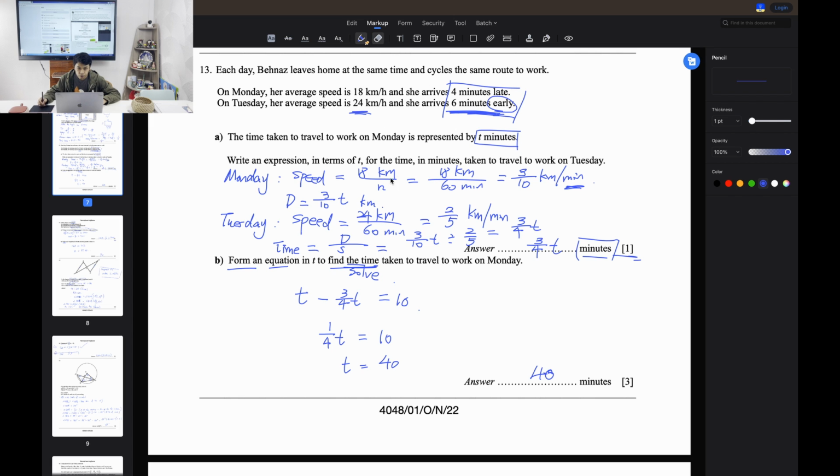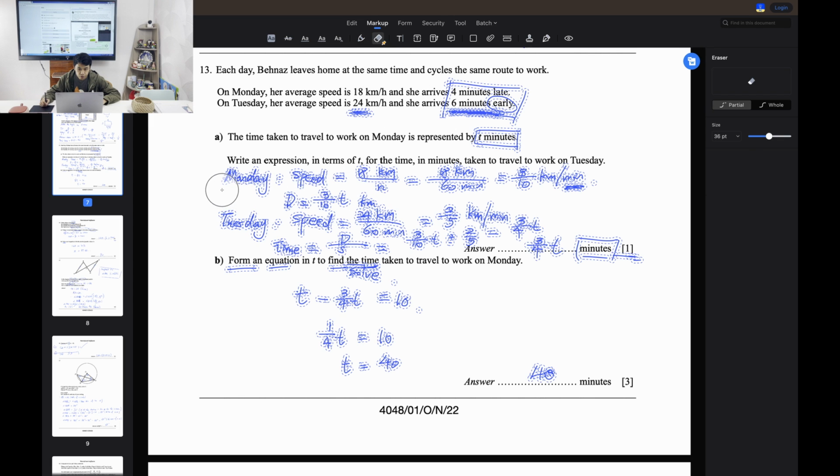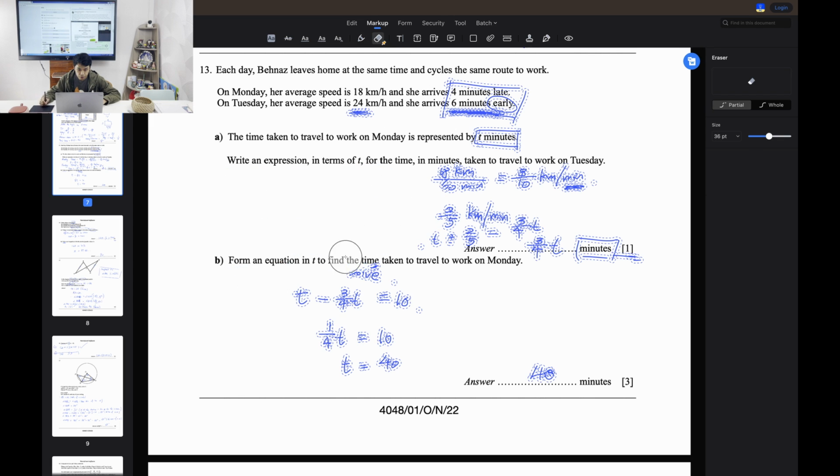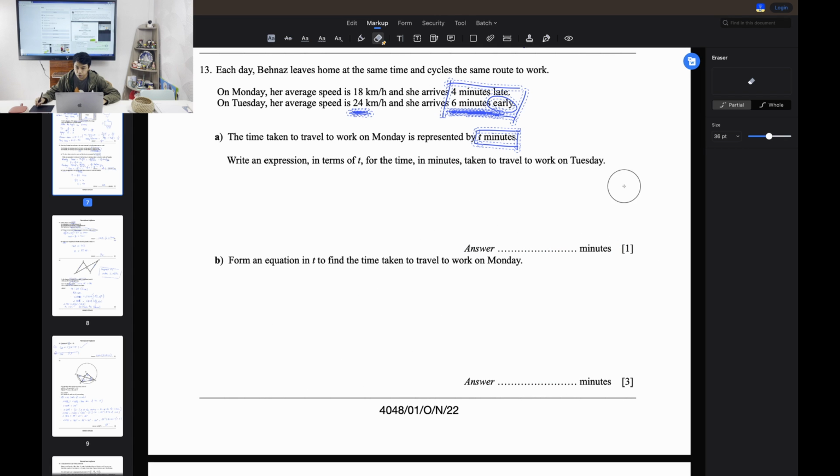In fact, there is another way of doing question 13. Let me erase question 13. What I did was the rather complicated way. On Monday she arrives 4 minutes late, but the next day, Tuesday, she arrives 6 minutes early.